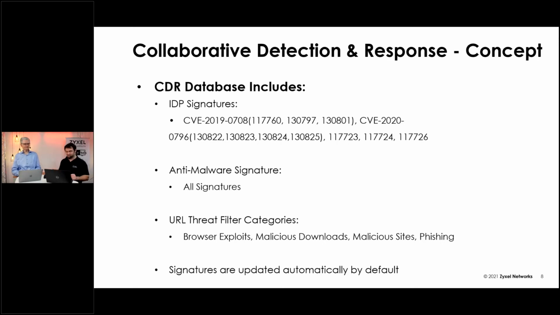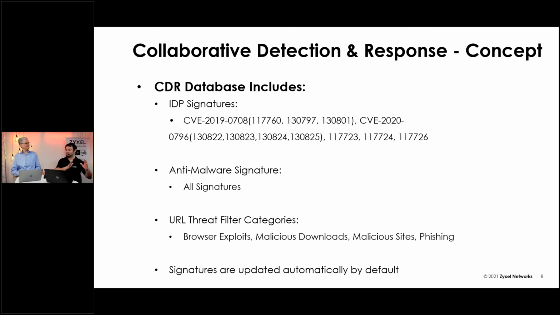The IPS signatures, one could argue, are limited to a specific number of CVEs. The reason is we don't take into consideration for CDR any IPS signature which tailors towards an external attack, like a denial of service attack from WAN onto my ATP. That has nothing to do with CDR.